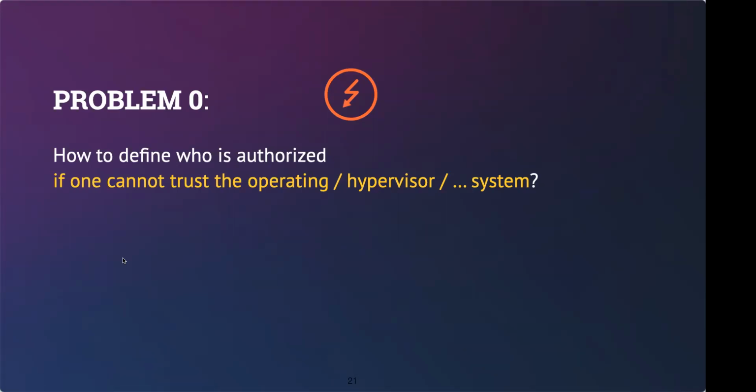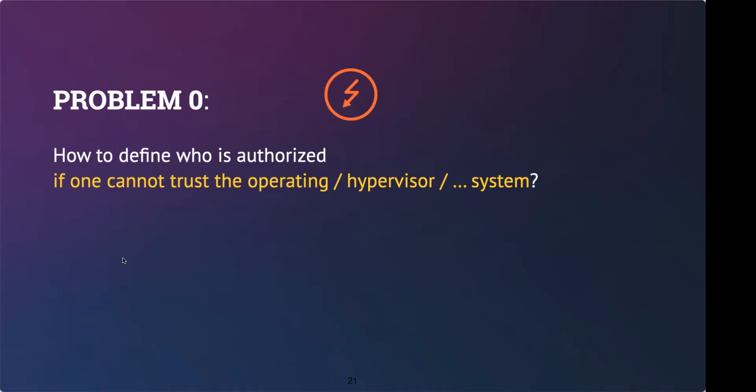In the definition of confidentiality, integrity, and consistency, I was talking about authorized users or entities. One question is, if my hypervisor and operating system are managed by somebody I don't trust, how do I know who is authorized?